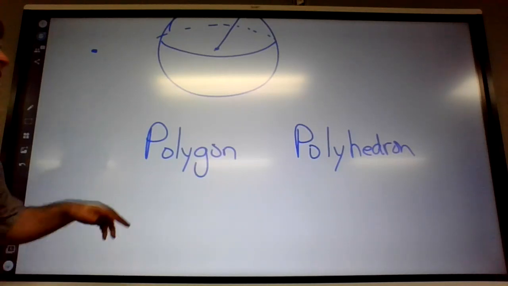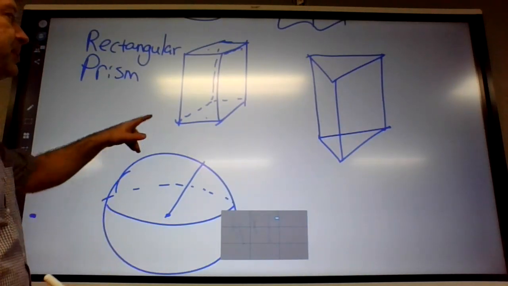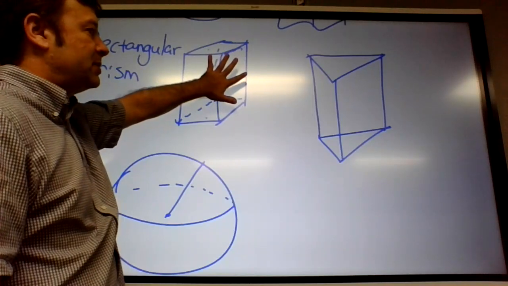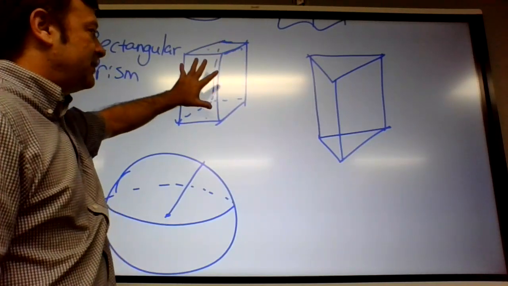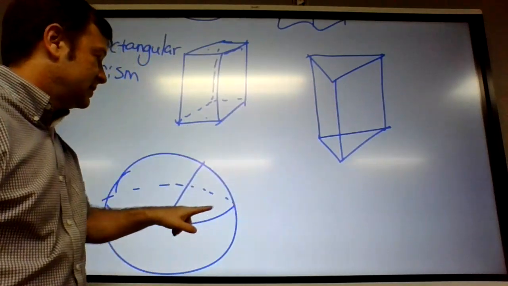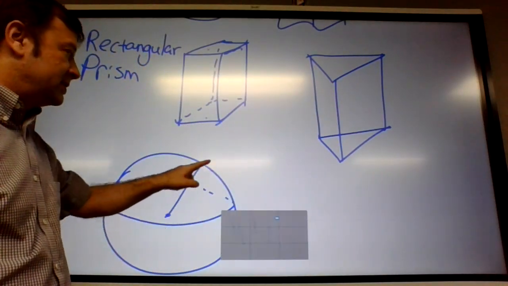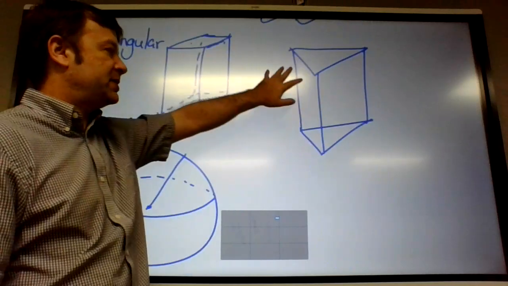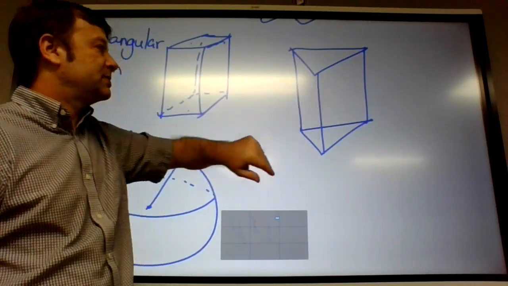So now these prisms are types of polyhedrons because polyhedrons have to be made up of polygons. So notice every side is straight, flat polygons, okay? This is not a polyhedra. These are not polyhedra. Only straight edges, only polygons.